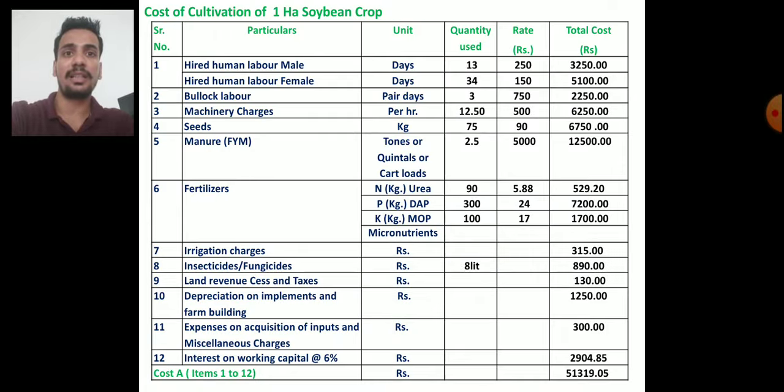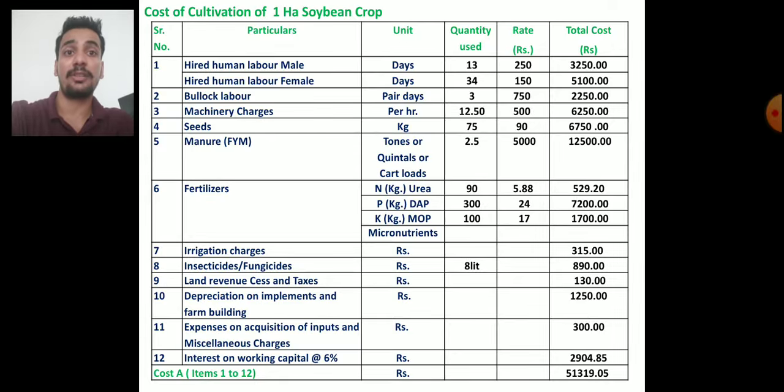Bullock labor rates are charged based on acreage also, meaning bullock pair labor per acre for ploughing is different, per acre for harrowing is different, per acre for sowing is different. I have considered just the average here. So you can calculate accordingly. So bullock labor in pair days, 3 required into 750, it will be 2,250.